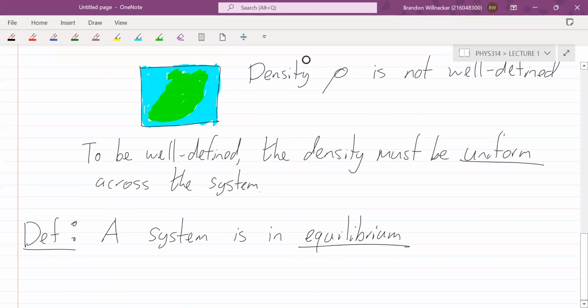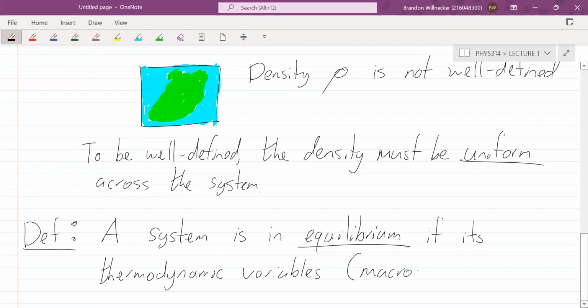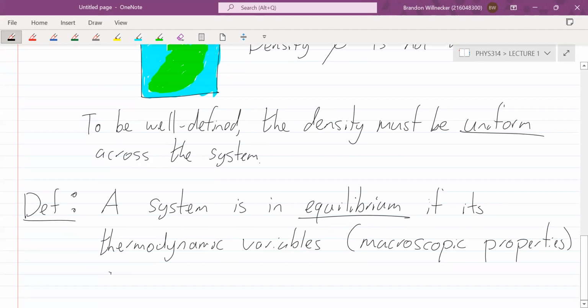The system itself is in equilibrium if all of its thermodynamic variables, also known as the macroscopic properties, are well-defined.